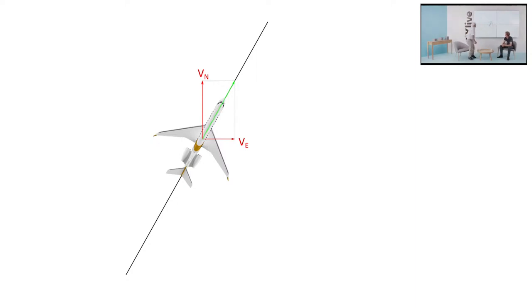So on this drawing here, we have the aircraft, which is following this straight line at constant speed, and the heading here is along the same direction as the course. And then the GNSS will provide the different points of the trajectory and even the east and north velocity, which are correct.